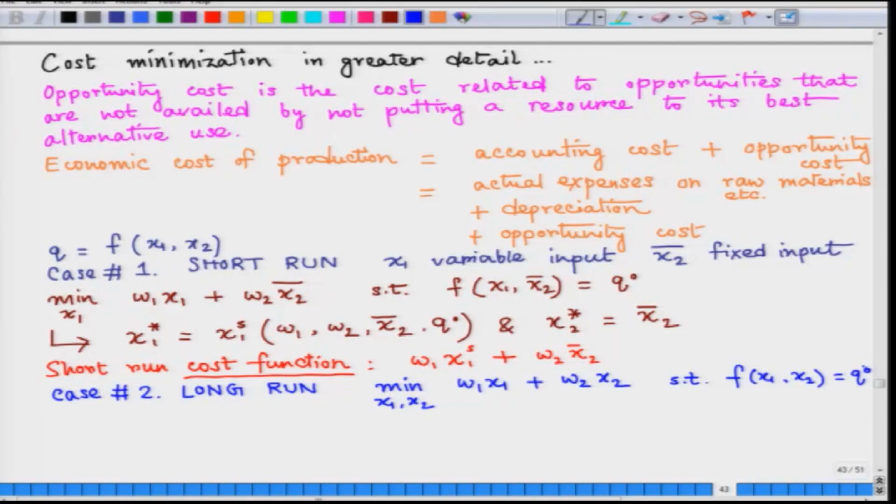Okay. Now again I skip the Lagrange etc. Let me quickly take you to the results. In this case, probably you remember that I get my input demand functions as functions of the input prices and the output level.